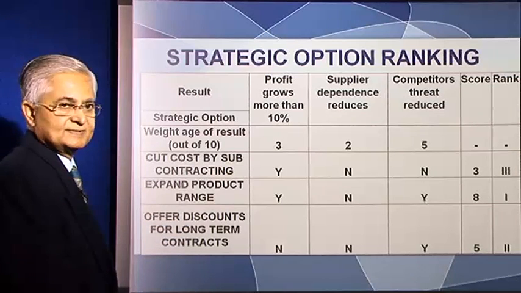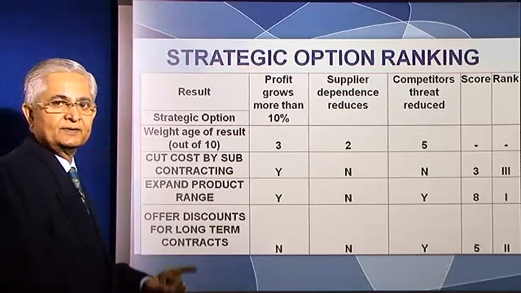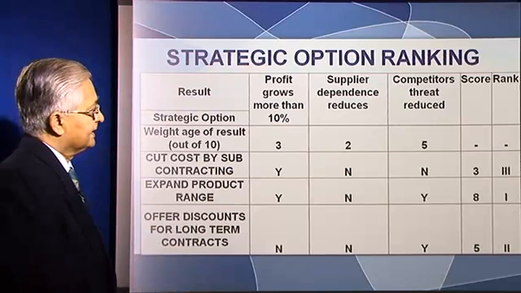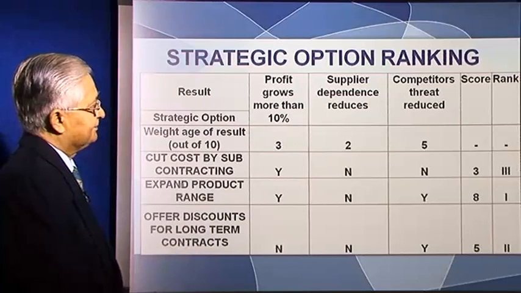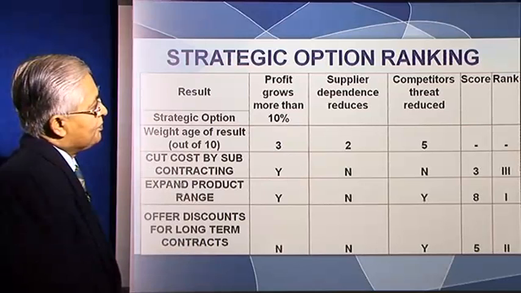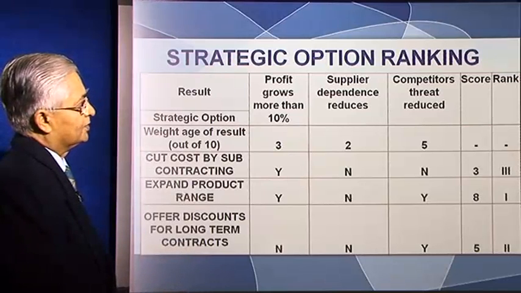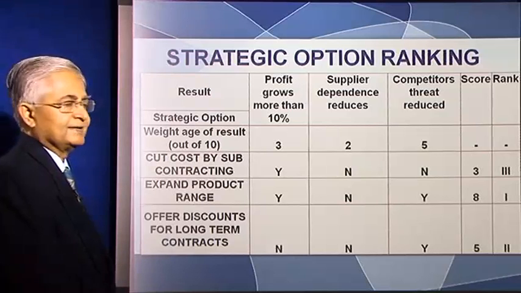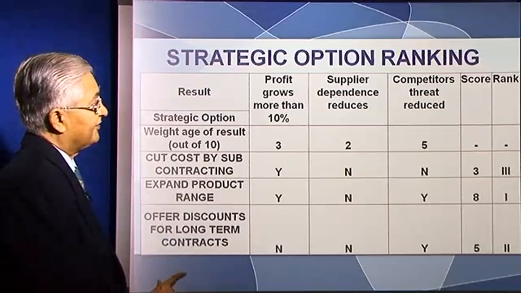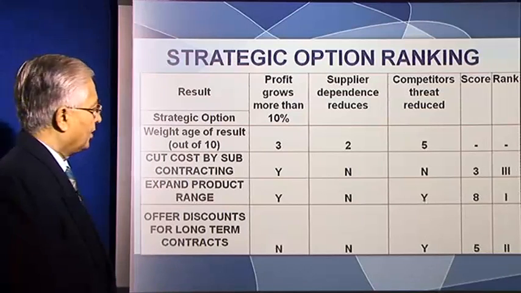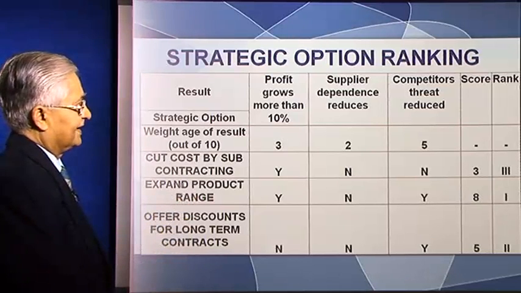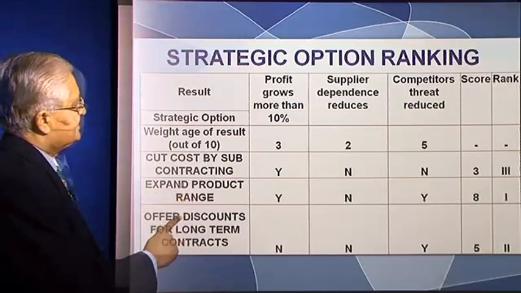Reducing supplier dependence, since the company wants to increase its supplier base, has been given a weightage of 2. Reducing the threat of competitors has been given a weightage of 5. So on a scale of 10, 3, 2 and 5 are the weightages given to these key result areas.